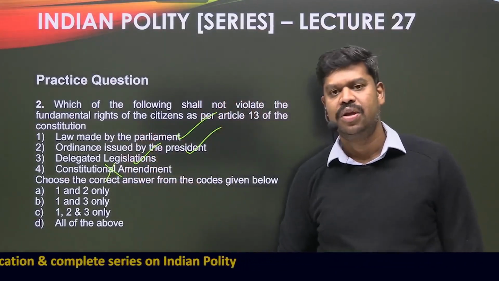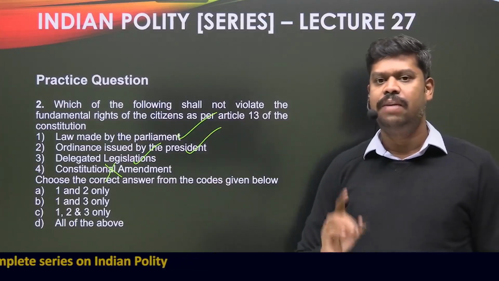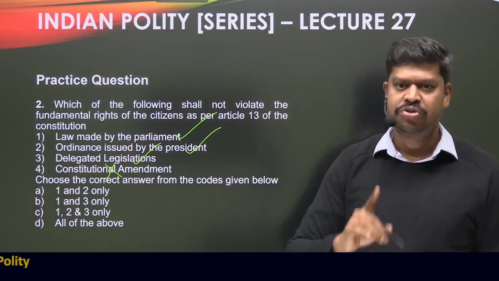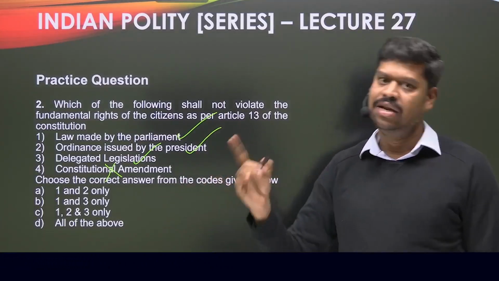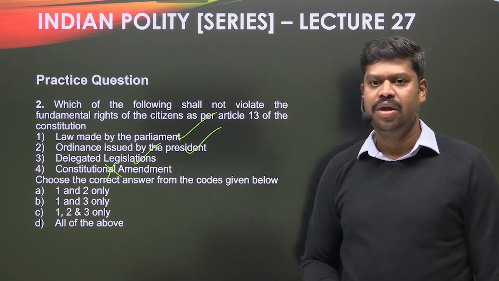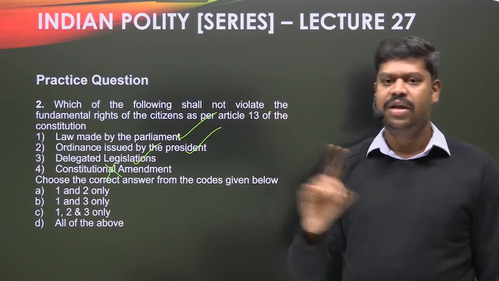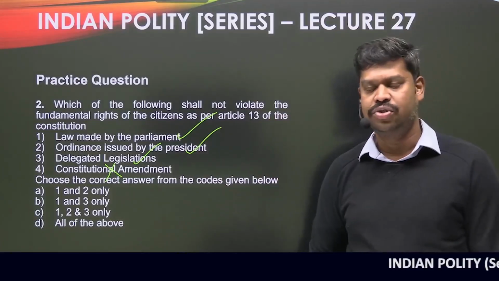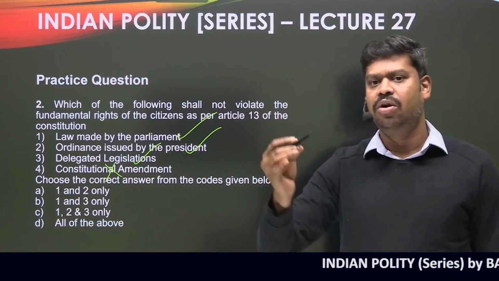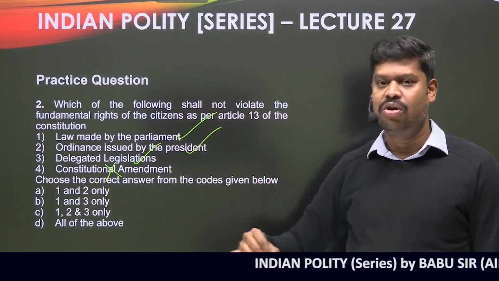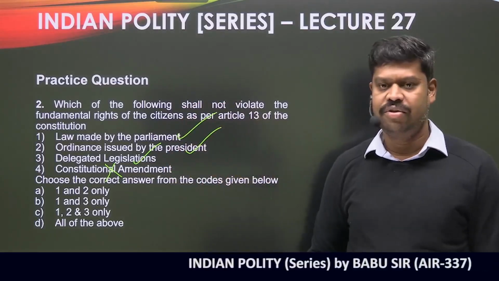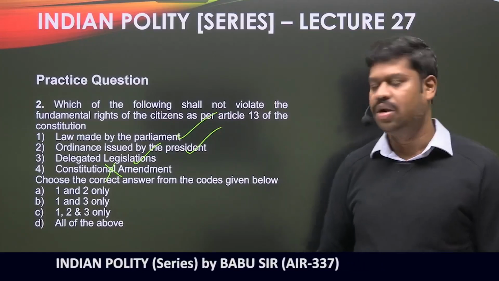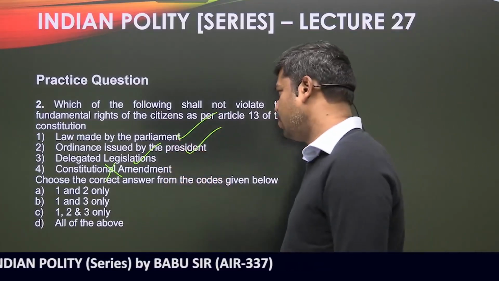That means by a constitutional amendment under Article 368, a fundamental right can be taken away. And that constitutional amendment cannot be challenged under Article 13 of the Constitution, and it cannot be struck down by the courts. However, if an ordinary law or any of the other things defined as law under Article 13 are violative of the fundamental rights, then the courts can strike them down as null and void. This is what you'll have to understand.